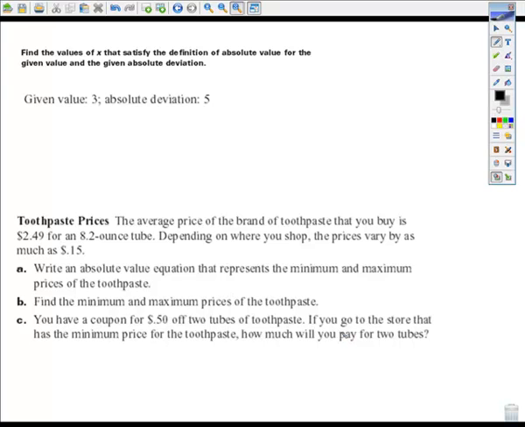Here's another one. It doesn't have a scenario for you. It says find the values of x that satisfy the definition of the absolute value. So we're going to go, the absolute deviation is 5. That equals the absolute value of x minus 3. So when we solve this, we get 5 equals x minus 3, and negative 5 equals x minus 3.